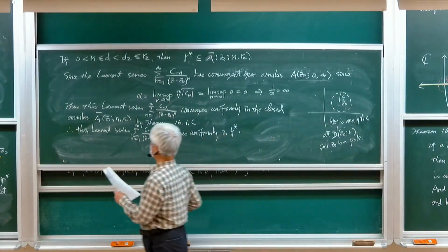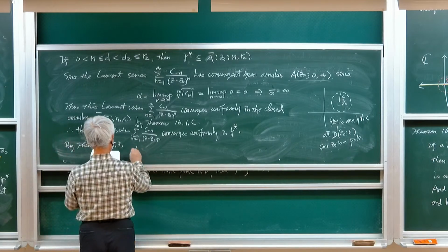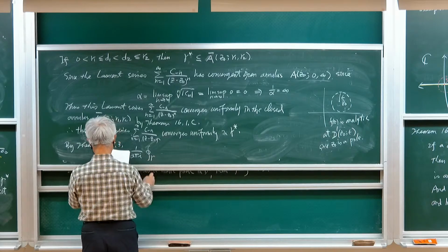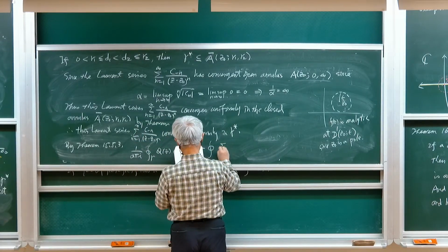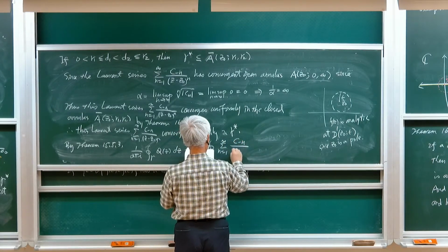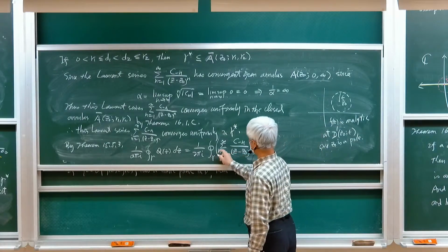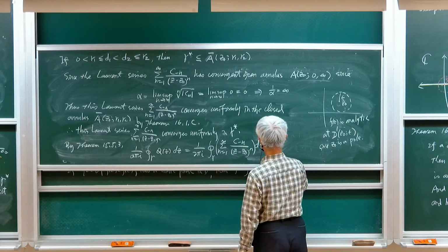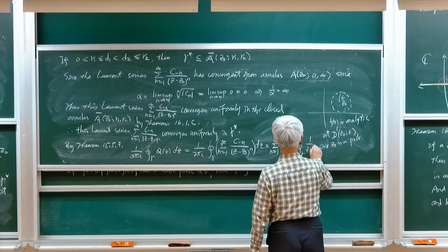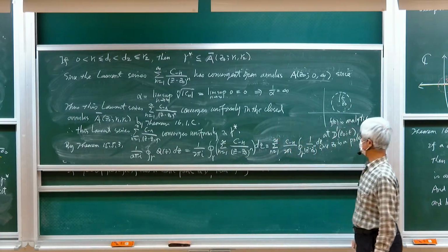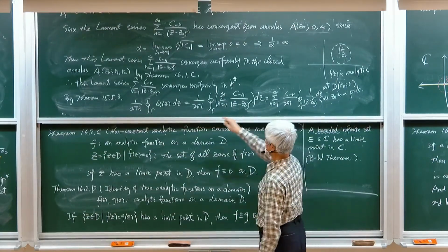All right, so with uniform convergence, now by theorem 15.5.3, the integral over gamma of the principal part is the integration of a series sum, and now we can exchange the integration and the series sum operation. So this sum is there.